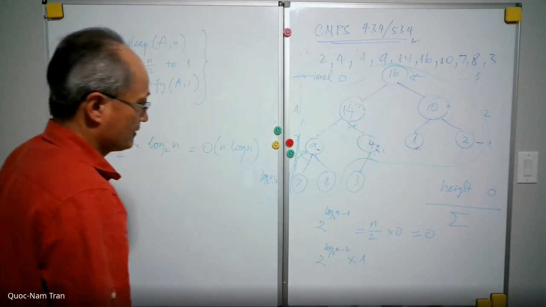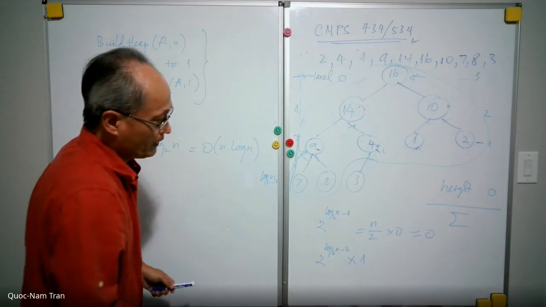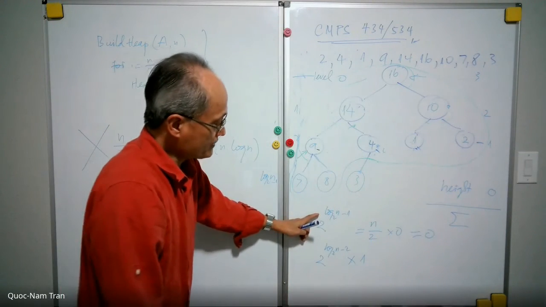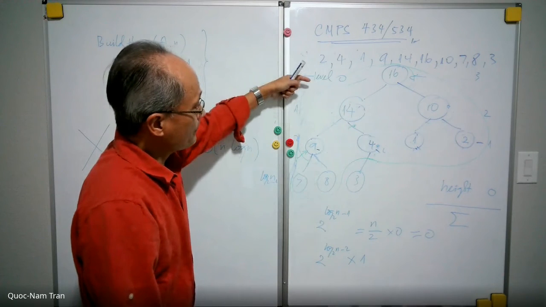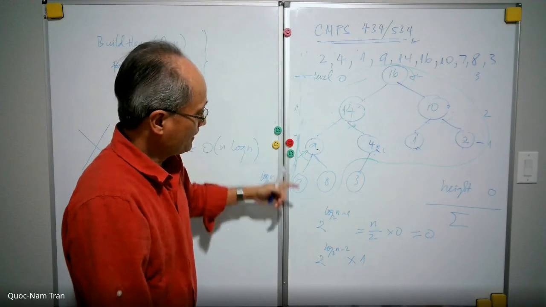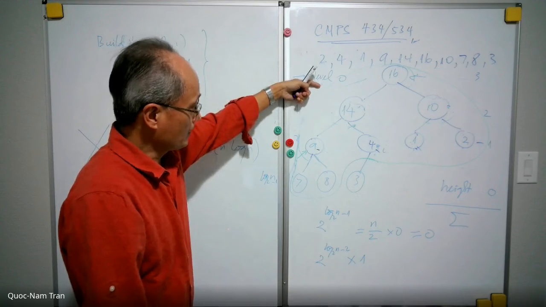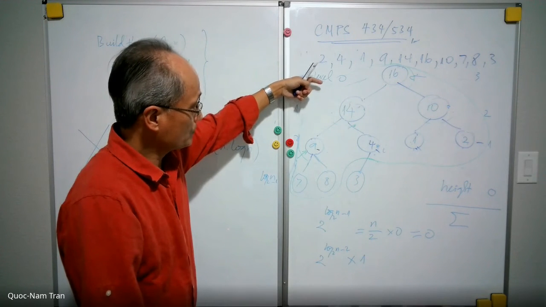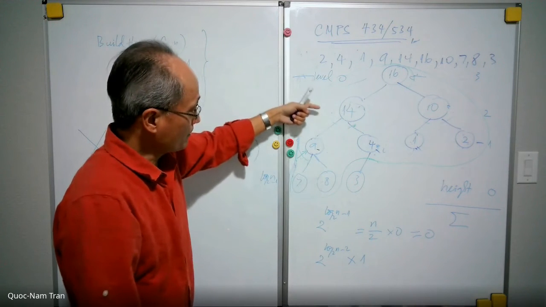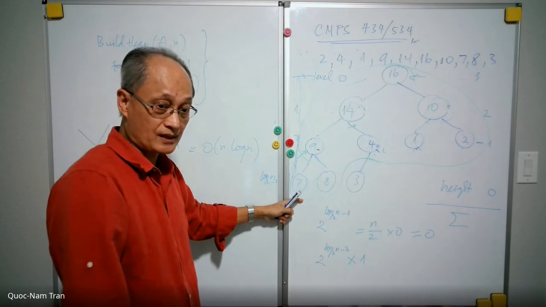So that said, if we add all of them together, what is the summation we have? You can see that when the level is from 0 to log 2 of n, this one will have what? Log 2 of n minus 2 steps, right? And then minus 3, minus 4, and then finally we have this one has 0 step.